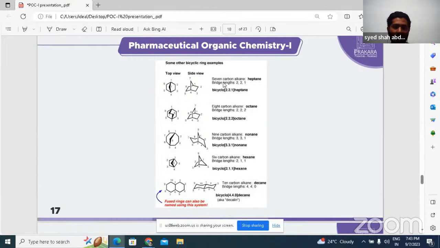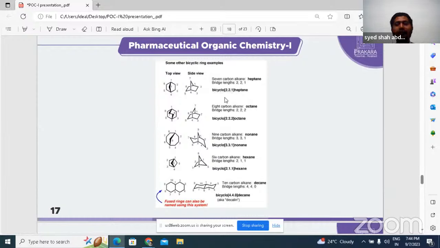First of all, we need to calculate the number of carbons. We have calculated 7 carbons, heptane. Now, because two cyclic structures are present together, we call it bicyclo. Now, in the bracket, what is this 2, 2, 1?